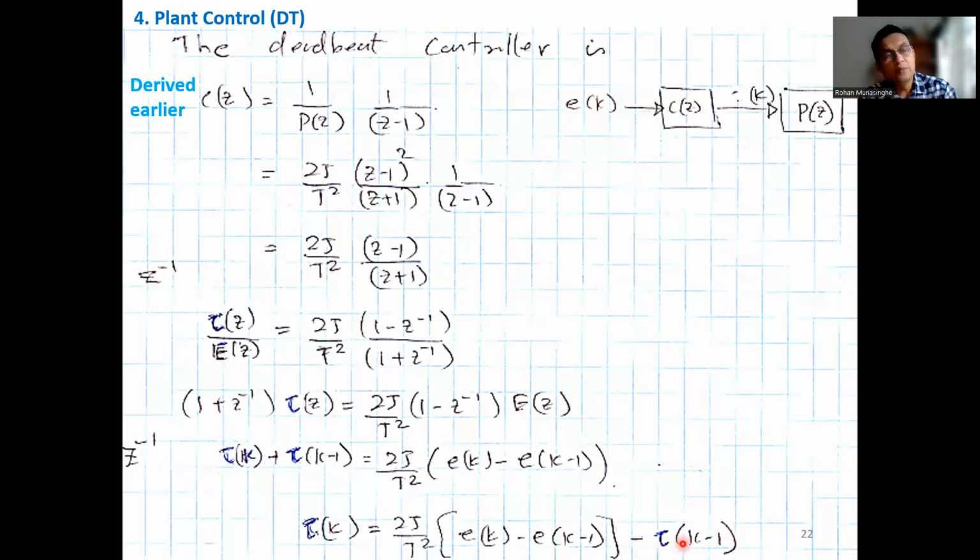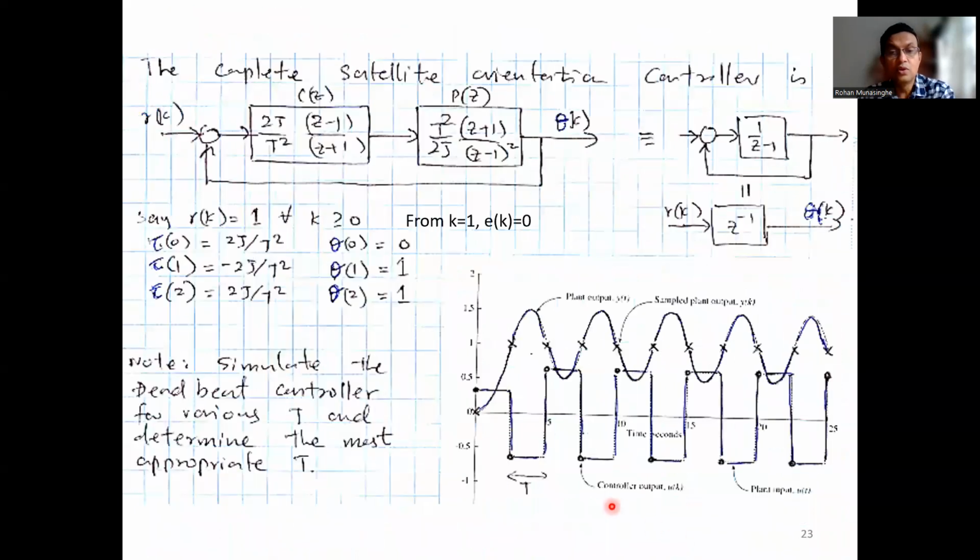The previous time, the control signal was, the torque was minus 4 times something. Now it becomes plus 4 times the same thing, right? Plus 4. It is not plus 2, but plus 4. So it swings back to here. For the next one sample interval, step size, it will stay there, plus 4.